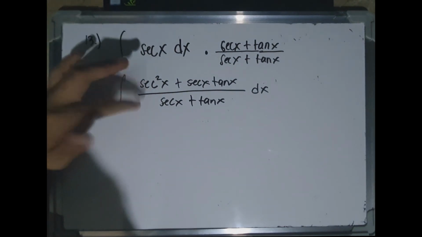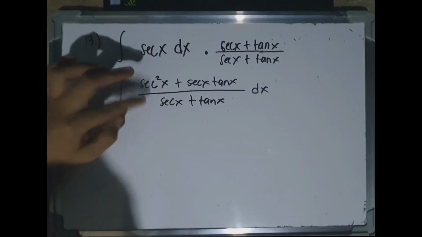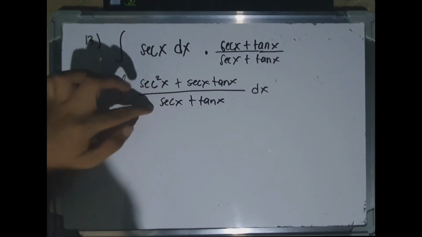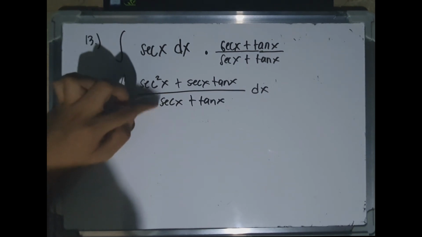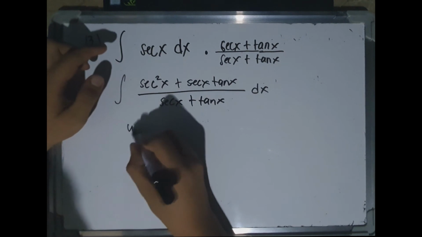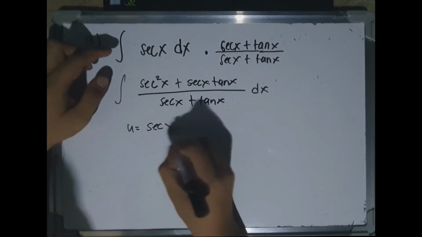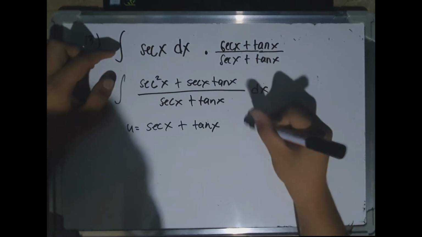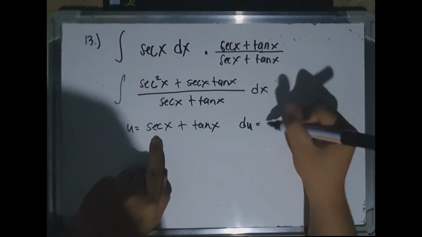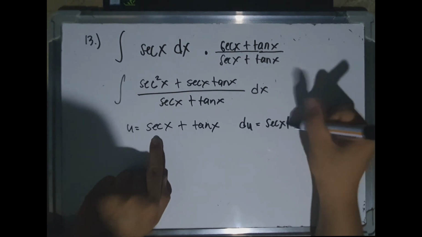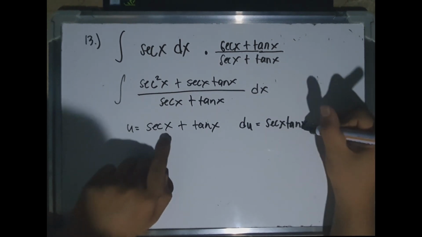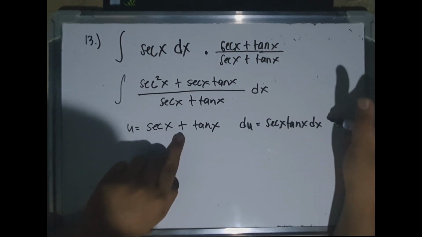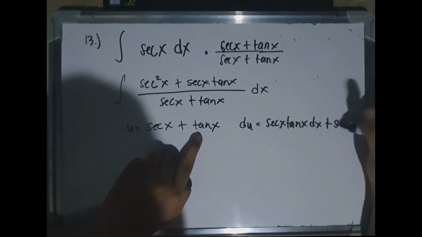Now if we try to check the relationship of the numerator and denominator, if we choose the denominator as u, secant x plus tangent x, the du, the derivative of secant, that is secant x tangent x dx, plus the derivative of tangent, that is secant squared x dx.